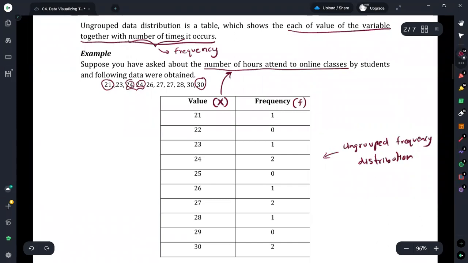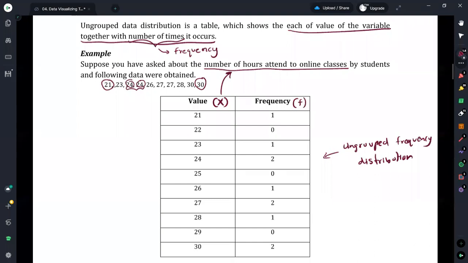For numerical values, we can construct ungrouped frequency distributions. But sometimes, if we are having experiments, studies or surveys on a large scale, we may get a large number of values in a very large range as well.